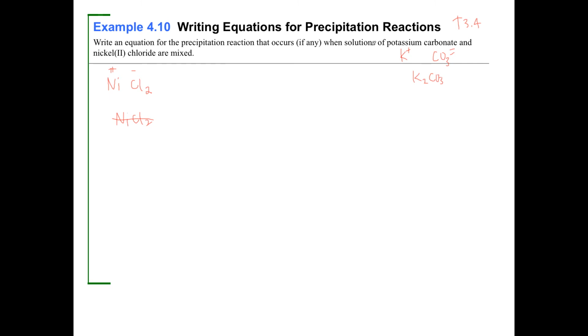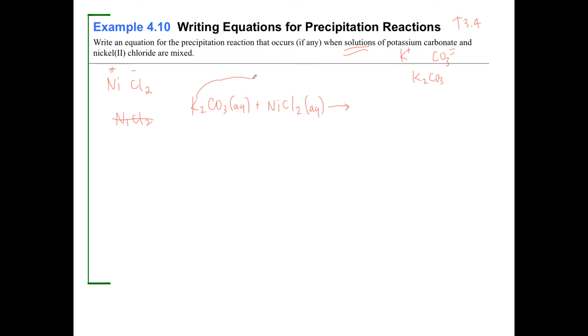Let's say when solutions of, and if it's a solution, that means it's aqueous, potassium carbonate, aqueous, plus nickel 2 chloride, aqueous, produces. And you know for sure that the potassium is not going to precipitate with the carbonate, because we're told right here, it's aqueous, right?